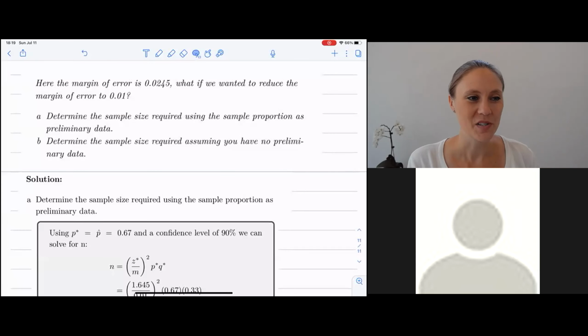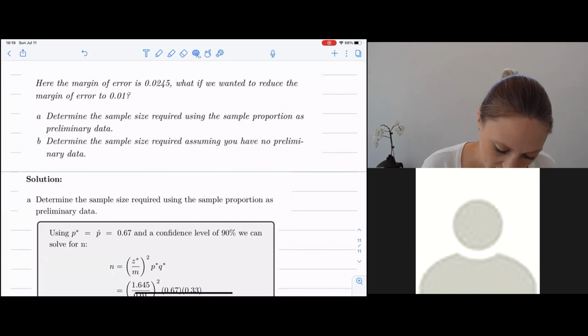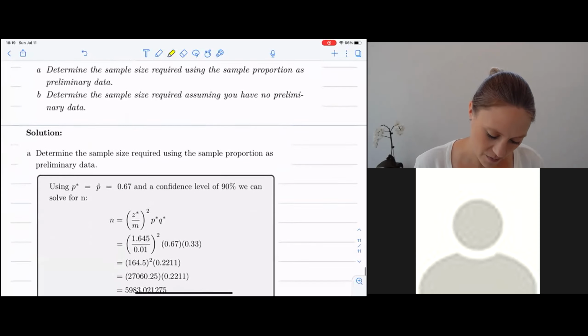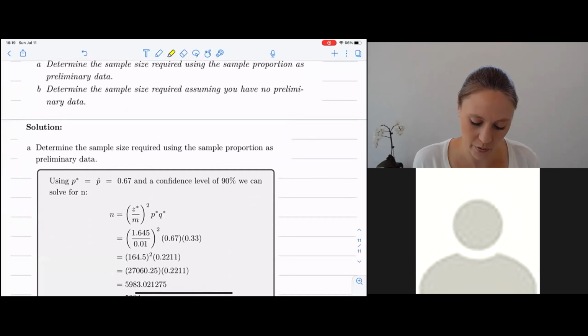Okay. So I want to highlight the difference between these two, because I tend to get, like I said, a lot of questions about it. So part A, determine the sample size required using the sample proportion as preliminary data.